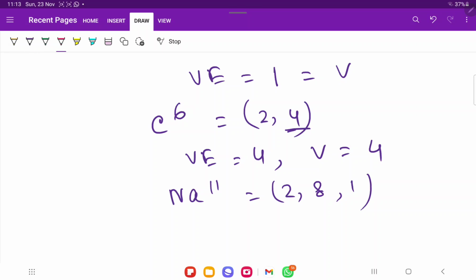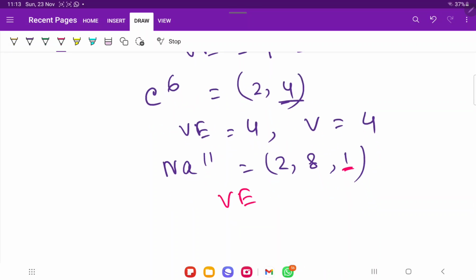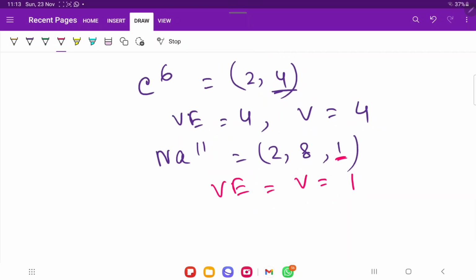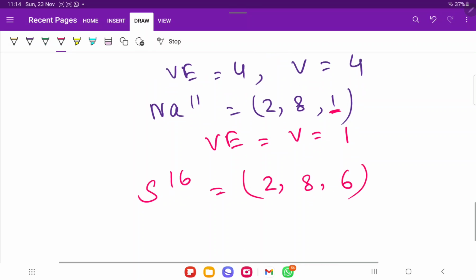Here there is 1 electron in the outermost orbital, so the valence electron is equal to the valency, which is 1. Now sulfur: the number of electrons is 16, so the configuration will be 2, 8 and 6. It has 6 electrons in the outermost orbital, which is more than 4. So what do you have to do?